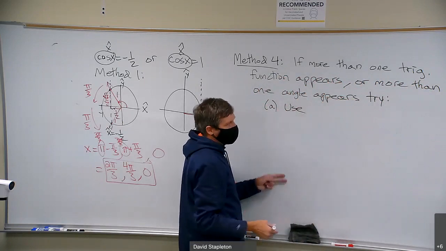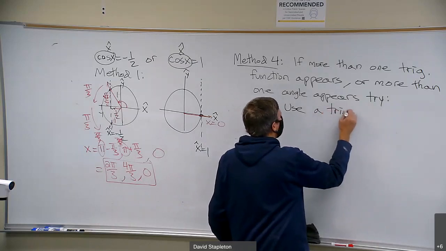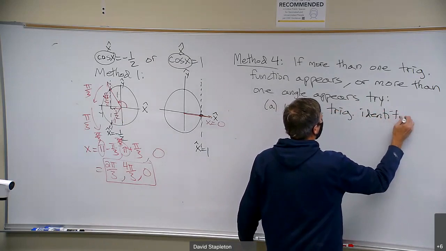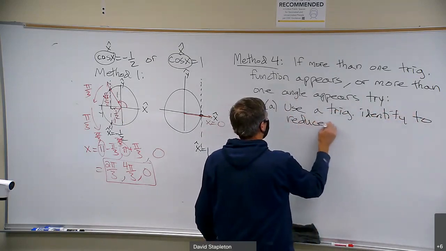Then you go to method 3 or method 2 or method 1. So use a trig identity to reduce to one trig function.